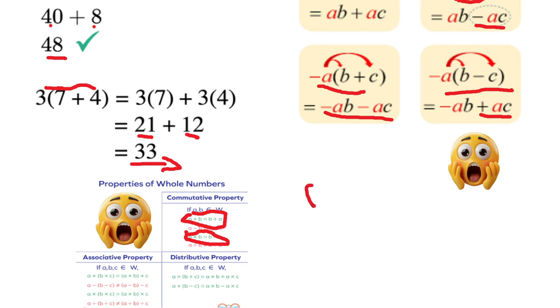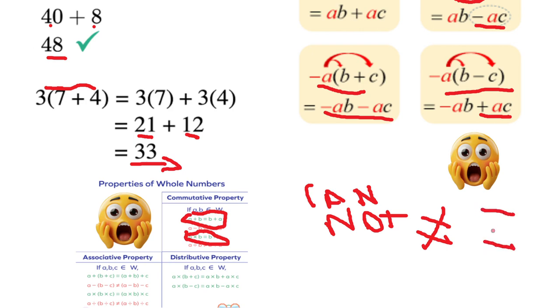So it only works with addition and multiplication.